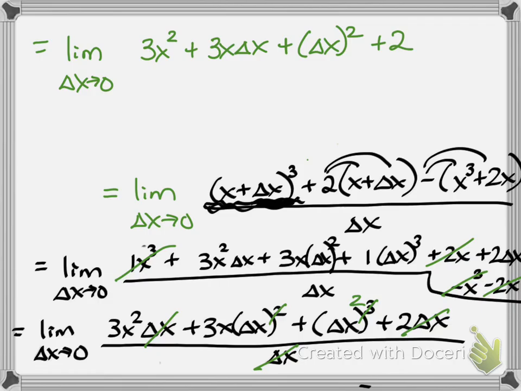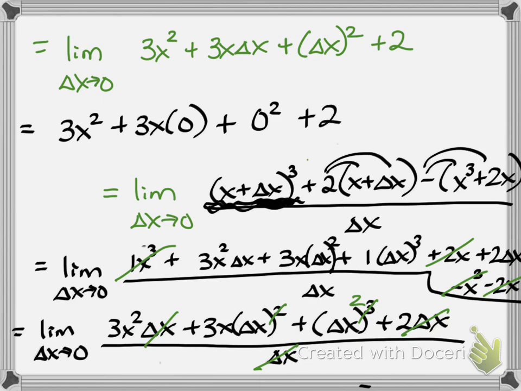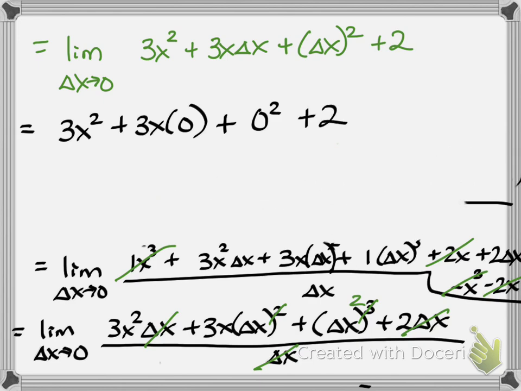We're able to plug 0 in for all these delta x's. So 3x squared is not changed, but 3x times 0 plus 0 squared plus 2. So then the derivative is 3x squared plus 2.